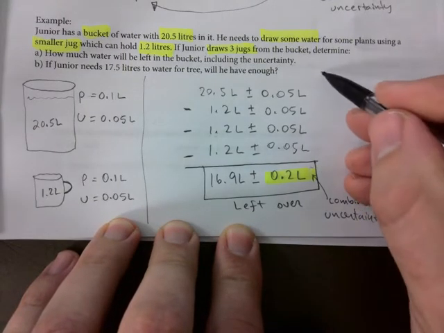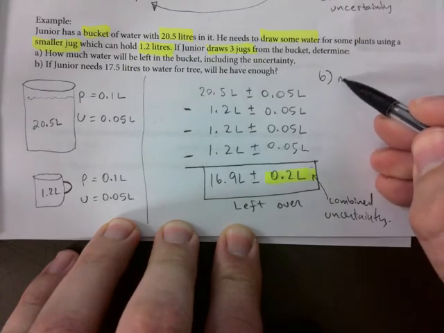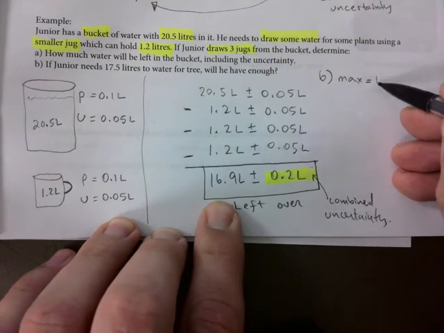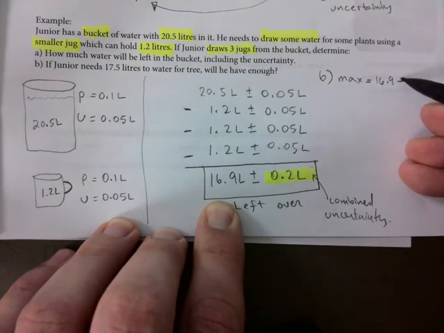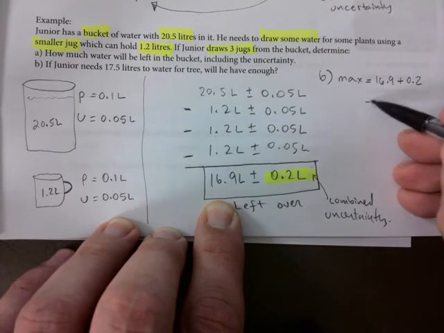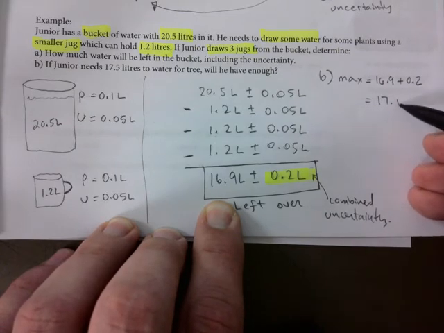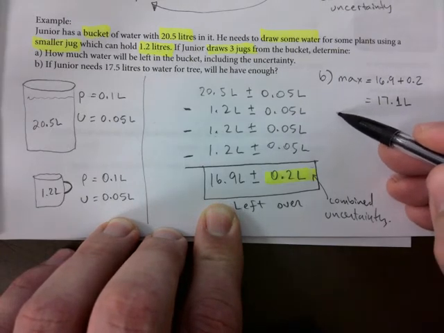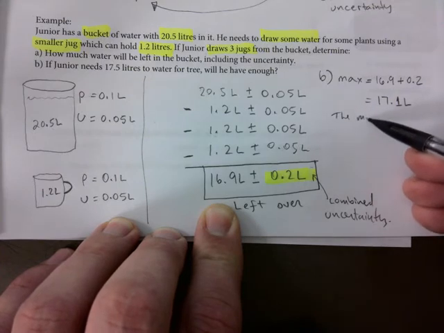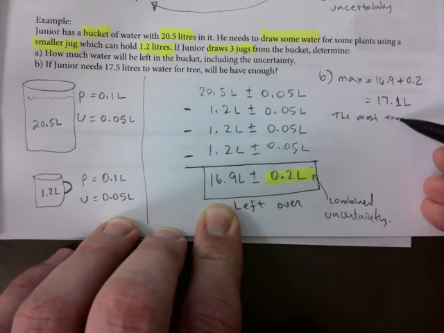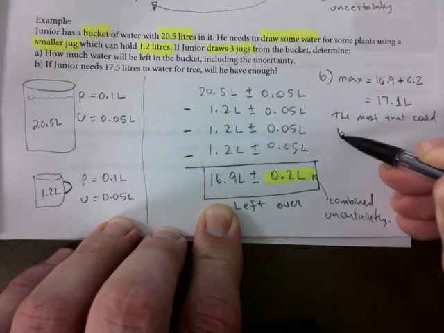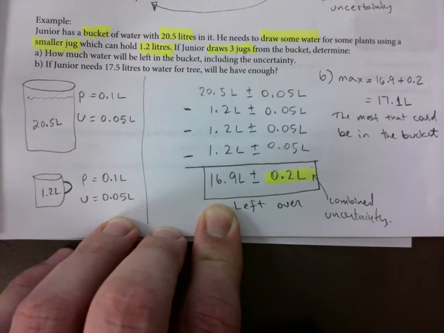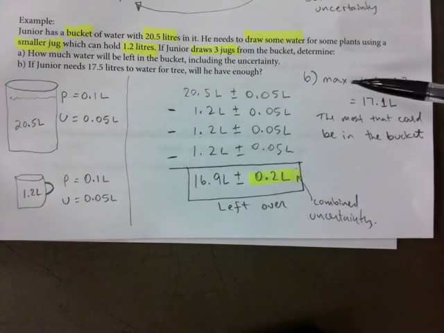I want you to know that for B, what's the maximum that could possibly be in that bucket? Maximum left over. 16.9 plus 0.2, so that would be 17.1 liters is the most that could be in the bucket. I'm just focusing on the max.